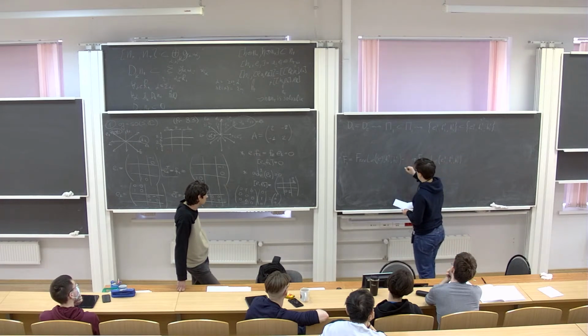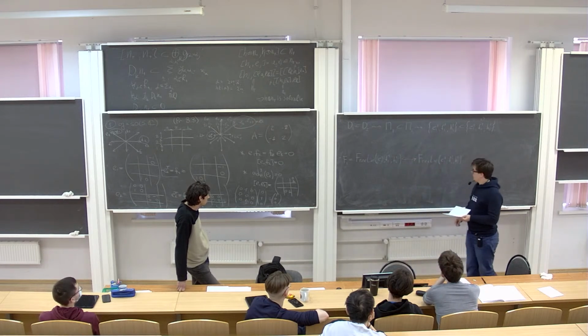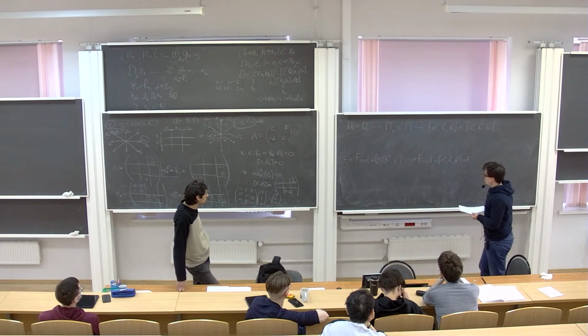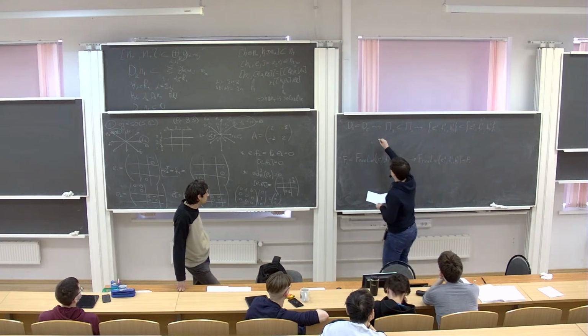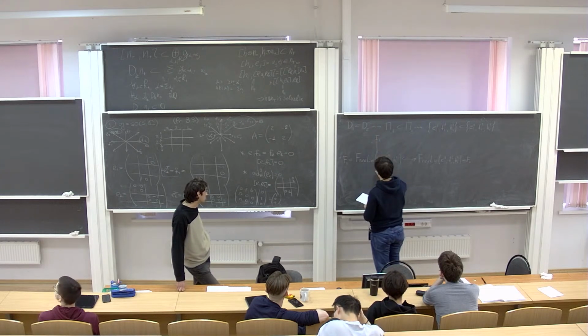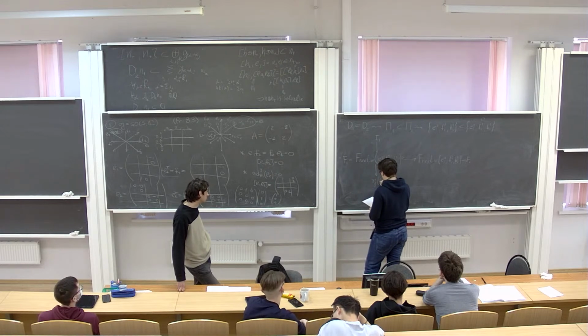This is an embedding. Here we have the ideal of relations I1, and the quotient is G of D1.